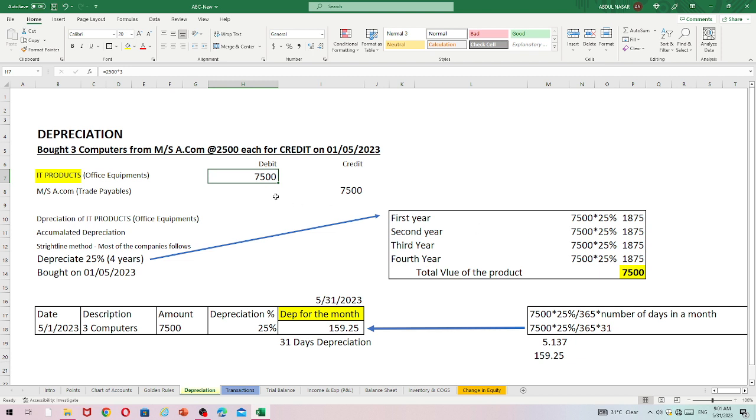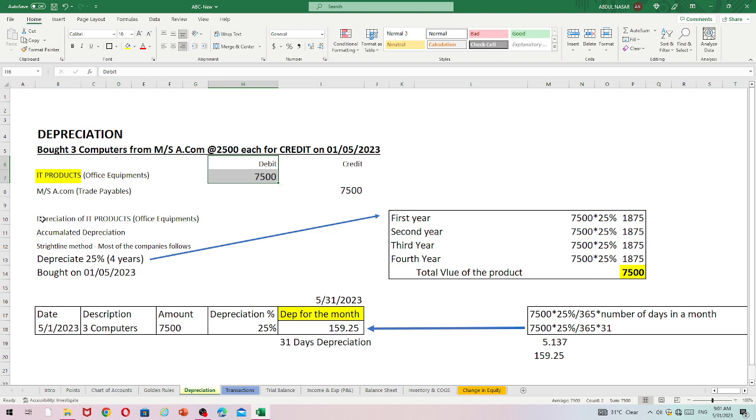So our journal entry has to pass this amount on a monthly basis, for all the 4 years, until this account becomes zero in the assets. So for that, here we have debited the asset.